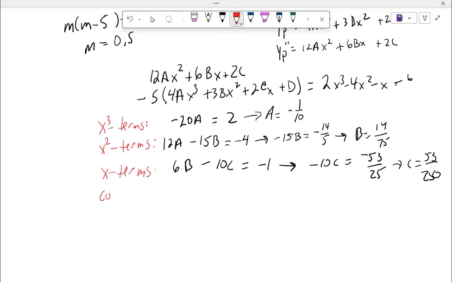All right. Last equation should be your constants, and I'll just write it down real quick since we're out of time. We should have a 2c minus a 5d equals 6. I think I'm out of doing this in my head at this point. 53 over 125. 125 times 6 is 750? 750 minus 53 is 697.